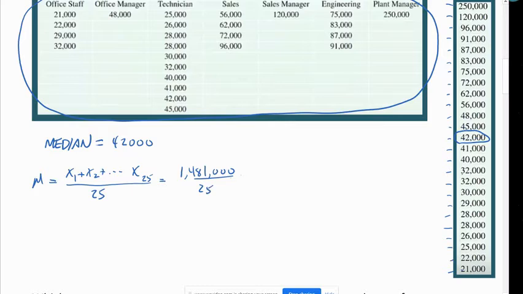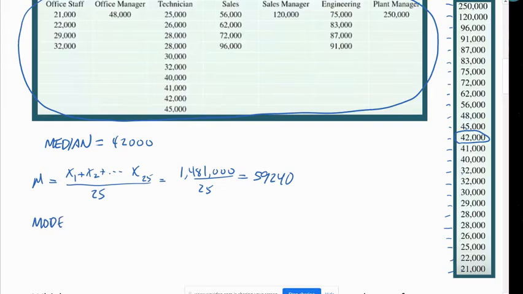And then if we divide that by 25, that came out to be 59,240.